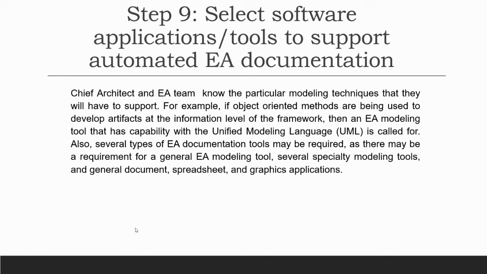Without completing steps 7 and 8, the chief architect and the EA team will be unsure of which modeling methodologies they will need to support. For example, if object-oriented approaches are utilized to build artifacts at the framework's information level, an EA modeling tool that supports the Unified Modeling Language is required.